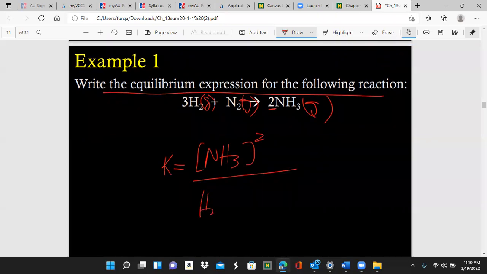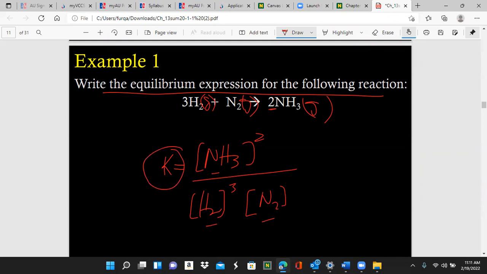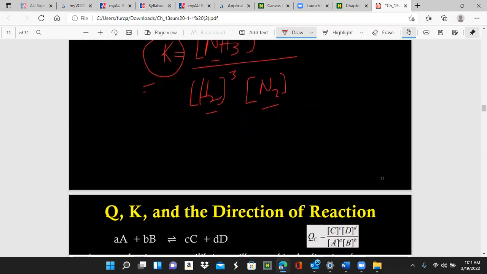Then you're going to take H2 raised to the power 3, and N2 raised to the power nothing, 1. So then what do we need? If we want to calculate the K, we need the concentration of each of them at equilibrium. And then we can plug them in and calculate the K to see what is happening.